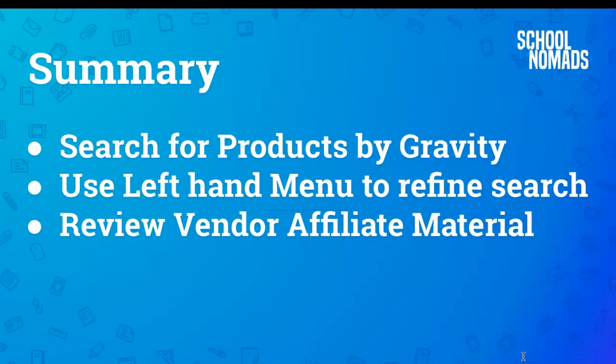Once you're inside the marketplace, you go ahead and use gravity as a way to search for products that are popular within the marketplace. You can then use the left-hand menu to further refine your search and see if there's any monthly rebilling. That's always useful to see whether, once you've made initial sales, you can make commissions after those initial sales.